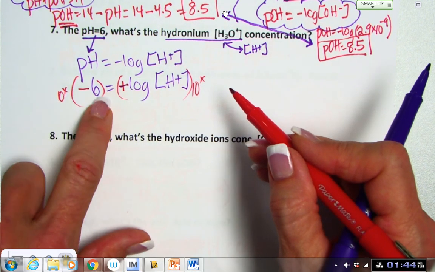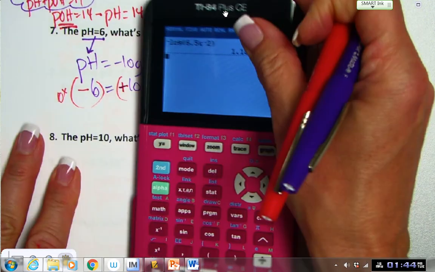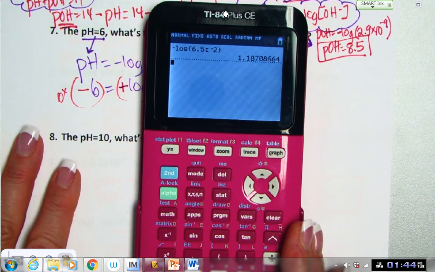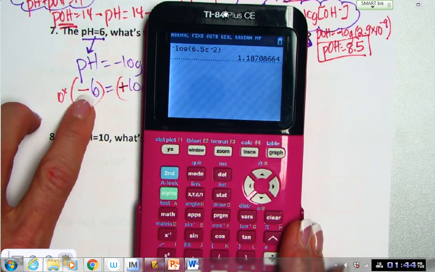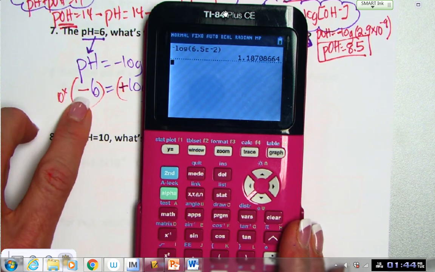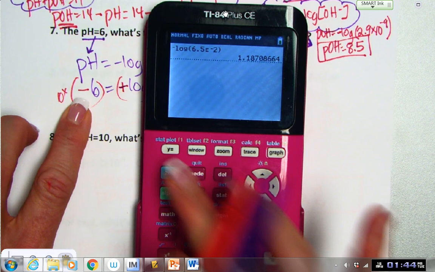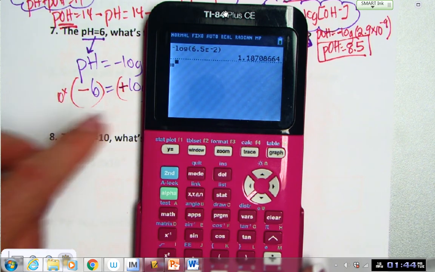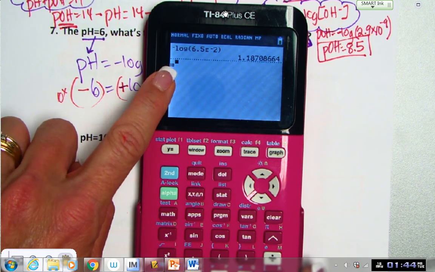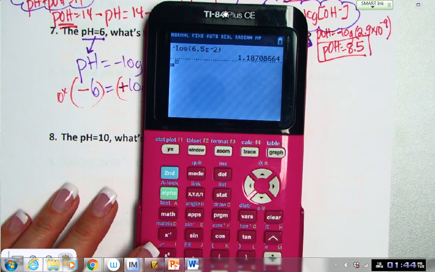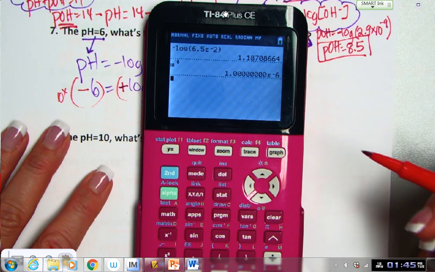So the way you're going to plug this in is you're going to hit second log of a negative 6. Remember, class, for these problems, you're always going to be taking the antilog of a negative number. You have to always remember to divide by a negative 1. So you're going to say second log, and when you hit second log, you get a 10 to a little carrot top that pops up. And now you're going to plug in negative 6. Enter. And so you see we get 1 times 10 to the negative 6.